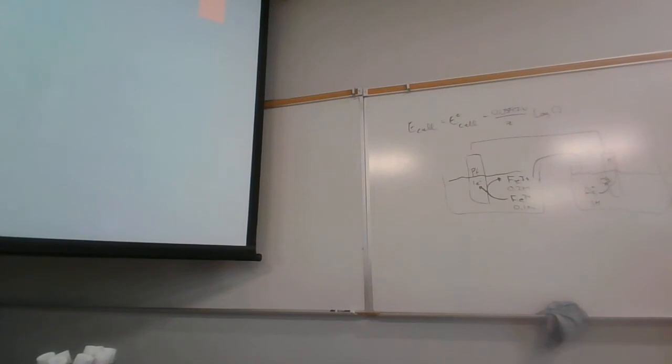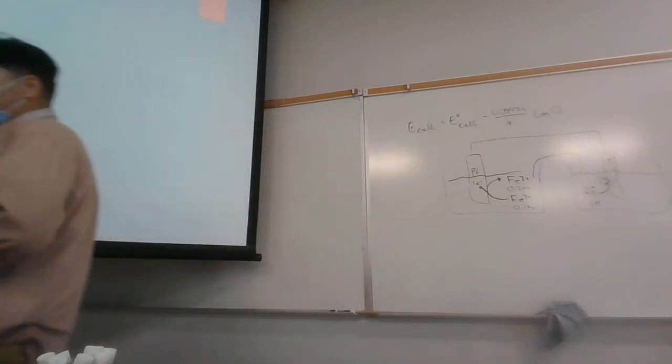The oxidation potential is for oxidizing iron 2. We don't use a bar here because they're the same phase, being oxidized to iron 3, so I'm going to separate it with a comma, plus the reduction potential. The reduction potential is reducing silver ions to silver metal. Now I use a bar here because these are separate phases. So a comma is for the same phase, and a bar is for different phases.